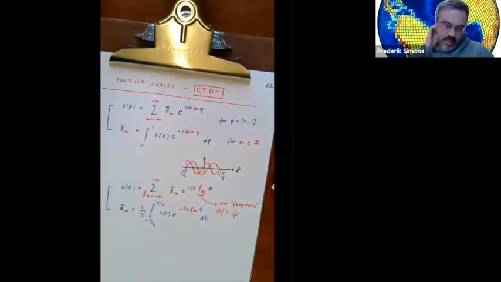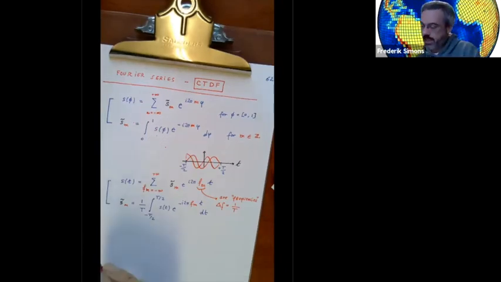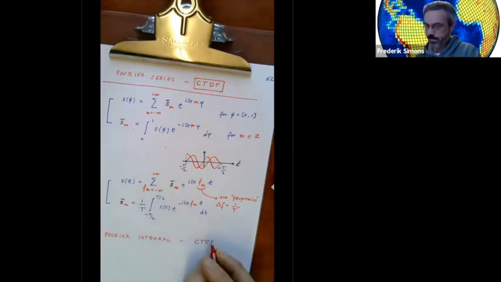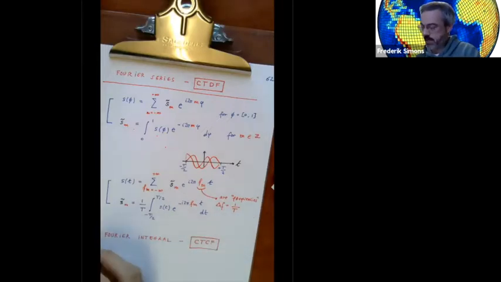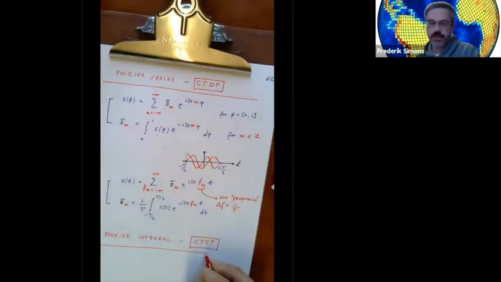So now the mental gymnastics that we need to do is let go of this special interval of length big T and go to a Fourier integral transform. I'm going to call that the continuous time, continuous frequency version of it, and I'm going to tell you why that should make sense.